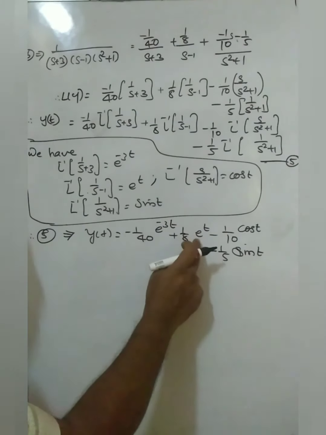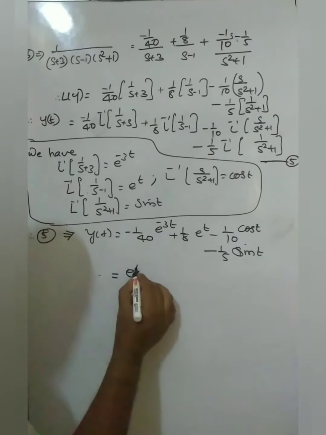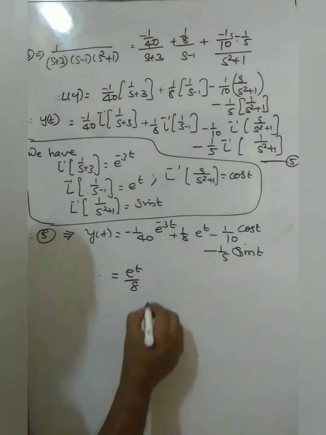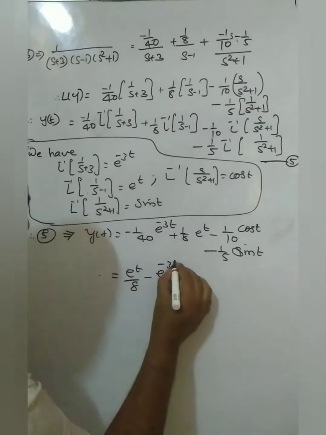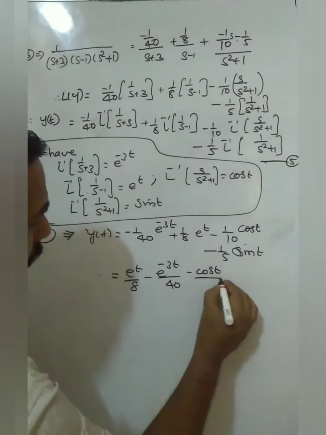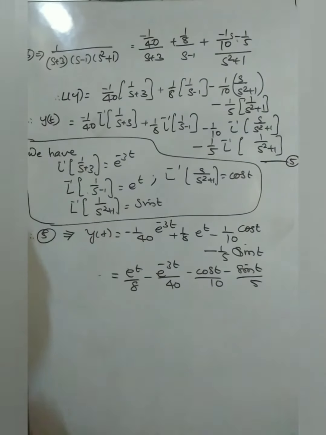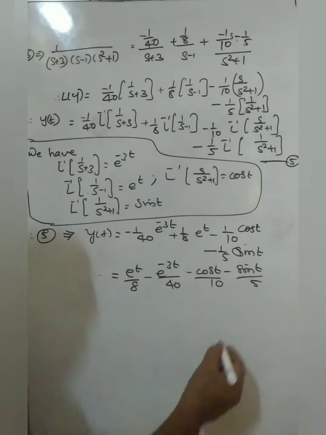We write the first positive term first, that is y of t equal to e raised to t by 8 minus e raised to minus 3t by 40 minus cos t by 10 minus sin t by 5. So this is our answer.